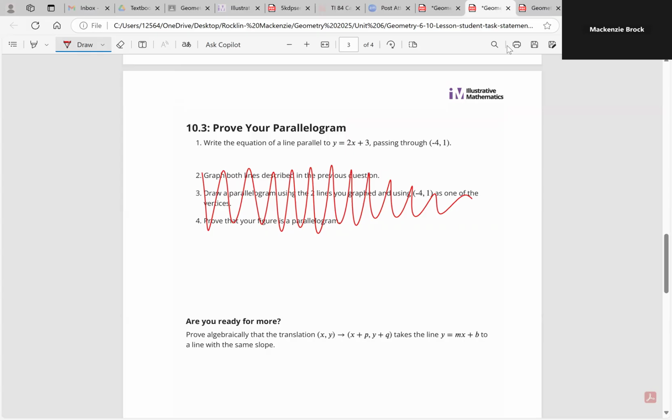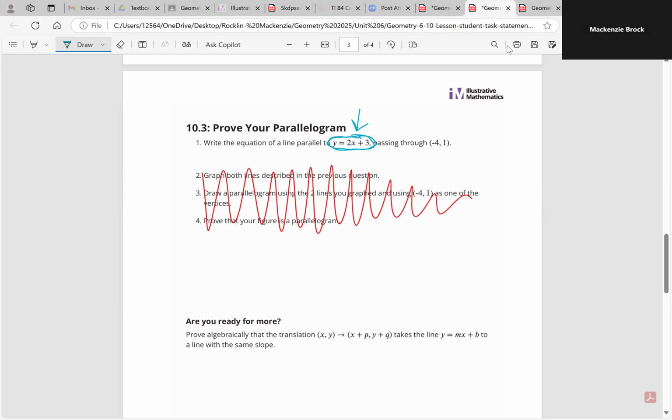Okay, here's what we're doing here. We are creating an entirely new equation, a new line. What I'm using this equation for is they're saying my brand new line is parallel to that one, and my new line goes through the point -4, 1.